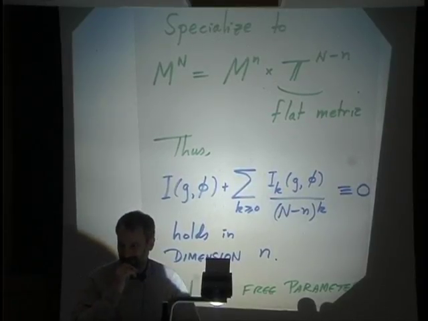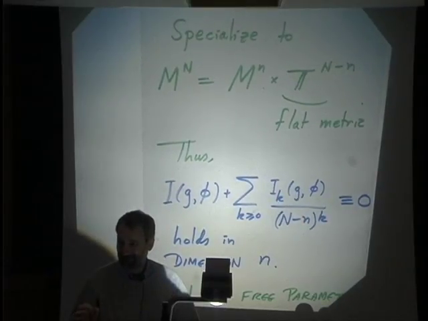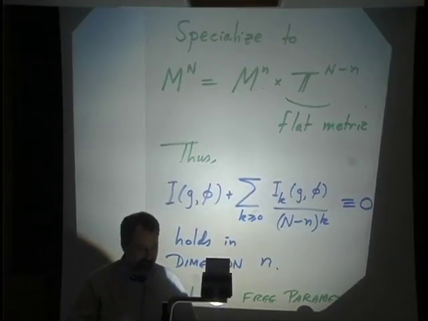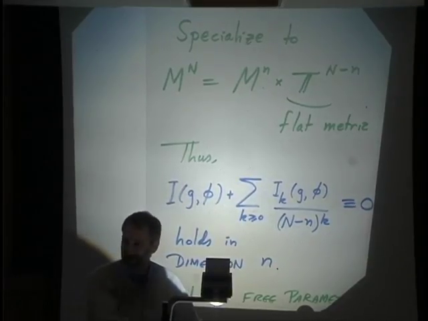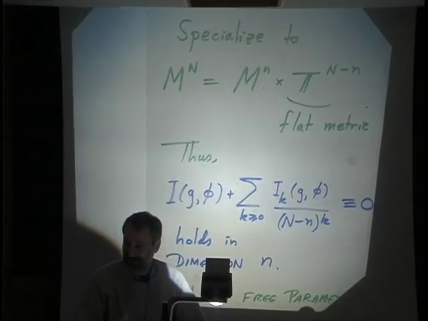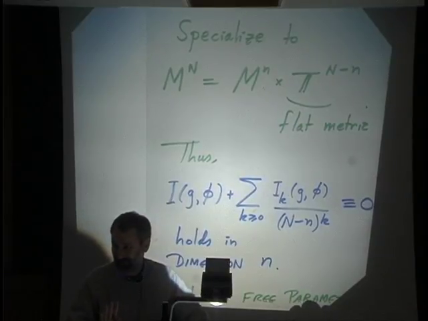No. Phi can be independent of the torus variable because, if it was compactly supported, first of all, we've gotten rid of compact support, and this is all a pointwise thing. But if that were not true, nevertheless, I didn't put R n minus n, I put T n minus n, and that's compact, so it would be okay anyway.